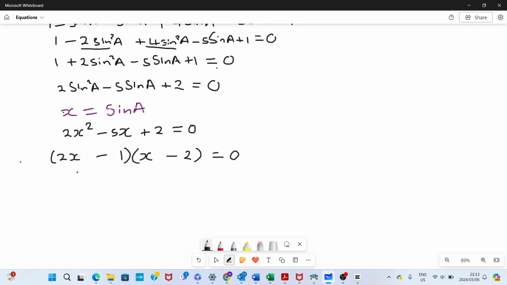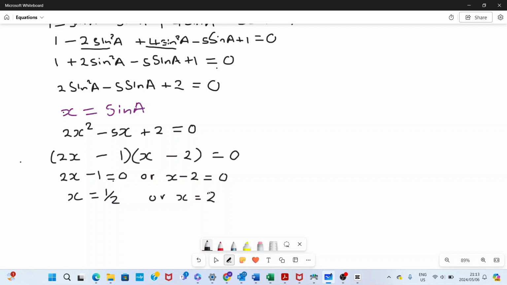When you are at this stage, normally if you are just solving for x, you just say this 2x minus 1 would be equal to 0, or the x minus 2 would be equal to 0, and then you can reduce this to get to the point where you say x is equal to 1 over 2, or x is equal to 2.